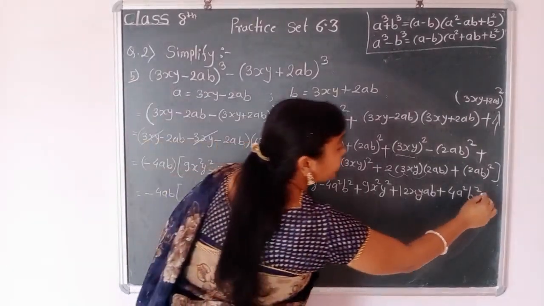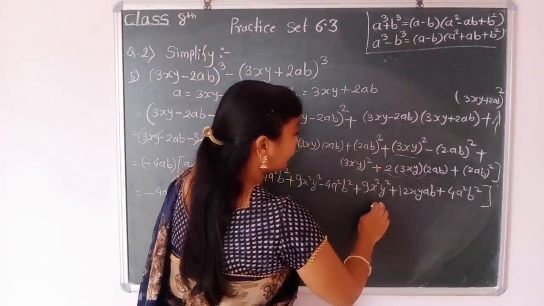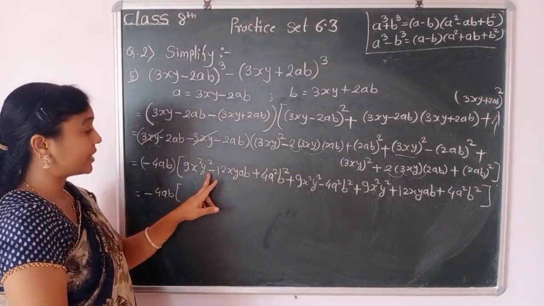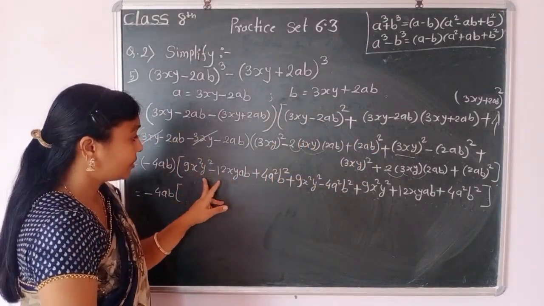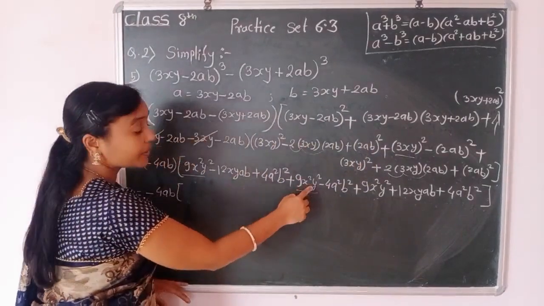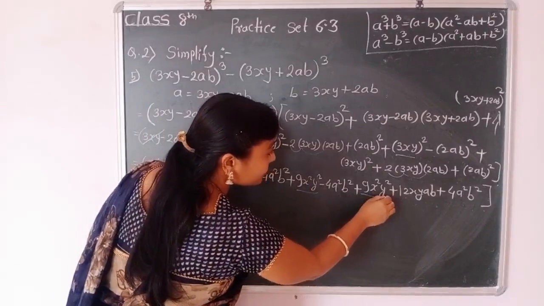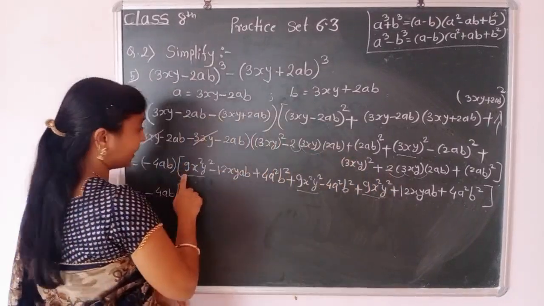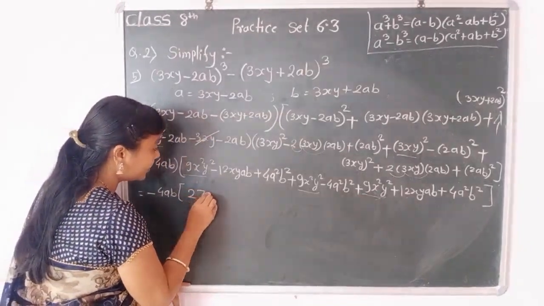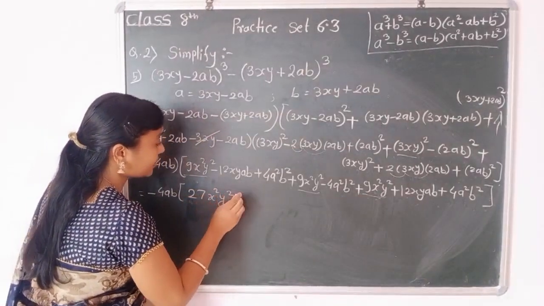So this bracket is complete. 9x square y square. See, where are the same variables? 9x square y square and 9x square y square. Okay, 9 plus 9, 18, 18 plus 9, 27x square y square.